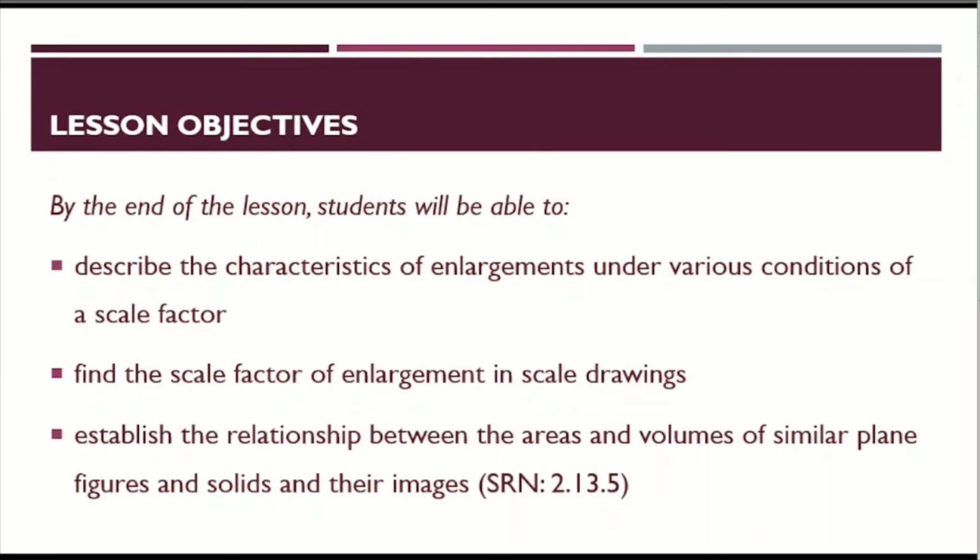And if we want to find the volume of an image, we would have to cube the scale factor of enlargement and multiply it by the volume of the object.